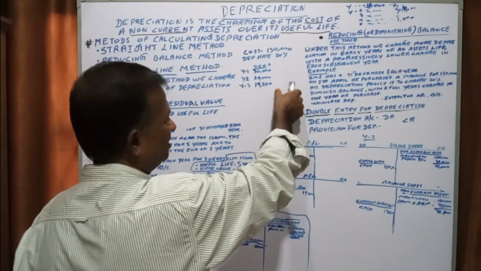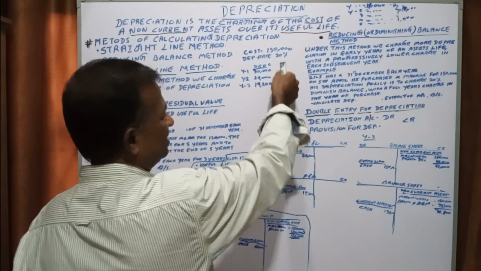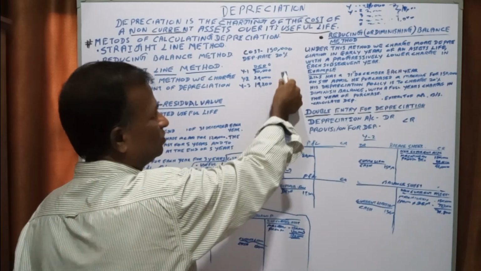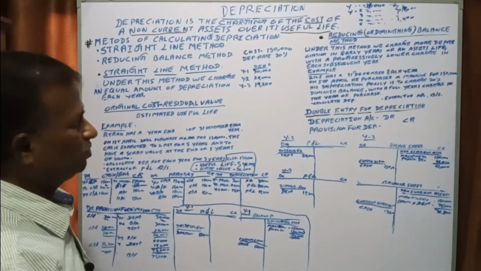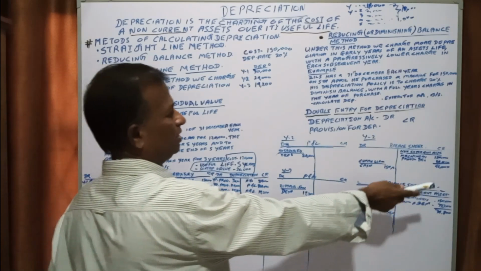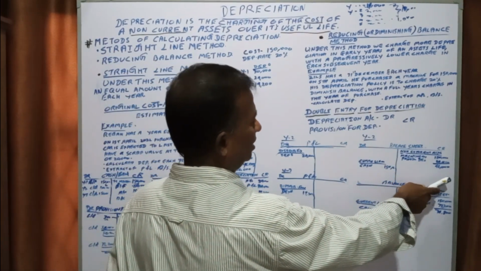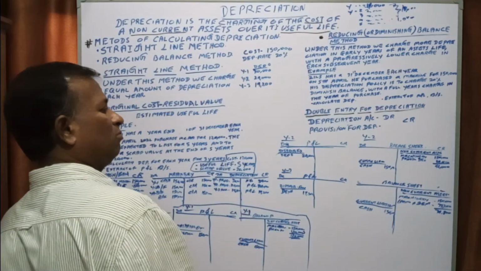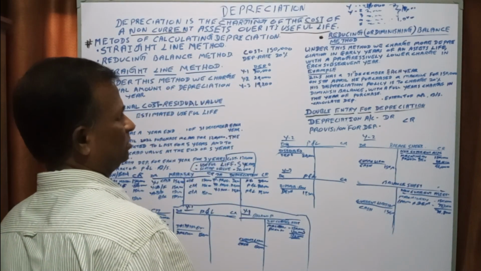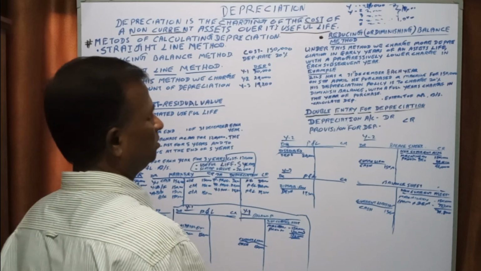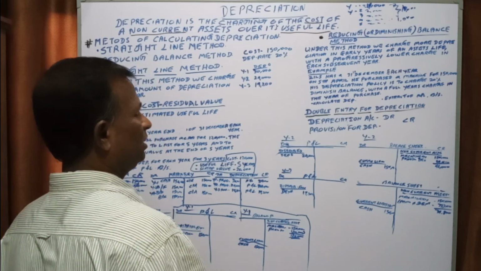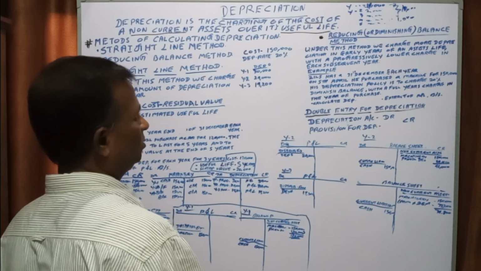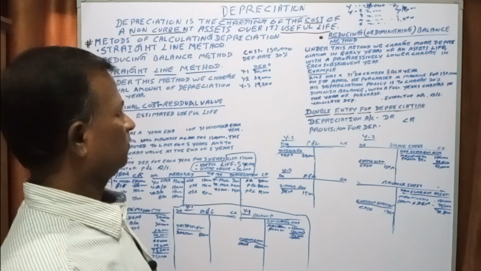Here it is decreasing; that's why it is called the diminishing or reducing balance method. Reducing balance in the sense we calculate after deducting the provision from the cost. Not straight line, where we charge on the cost.